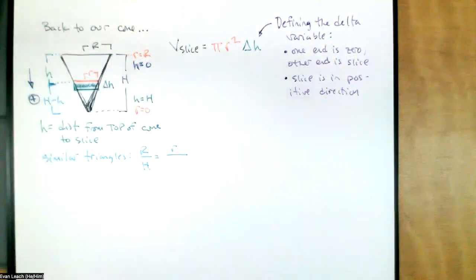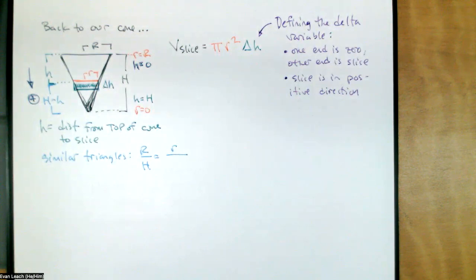I knew that this was going to happen yesterday. I was going to have an h minus h, and one of them was going to be a capital. I said I should change this to a number, and I didn't. So today I get to regret that choice.